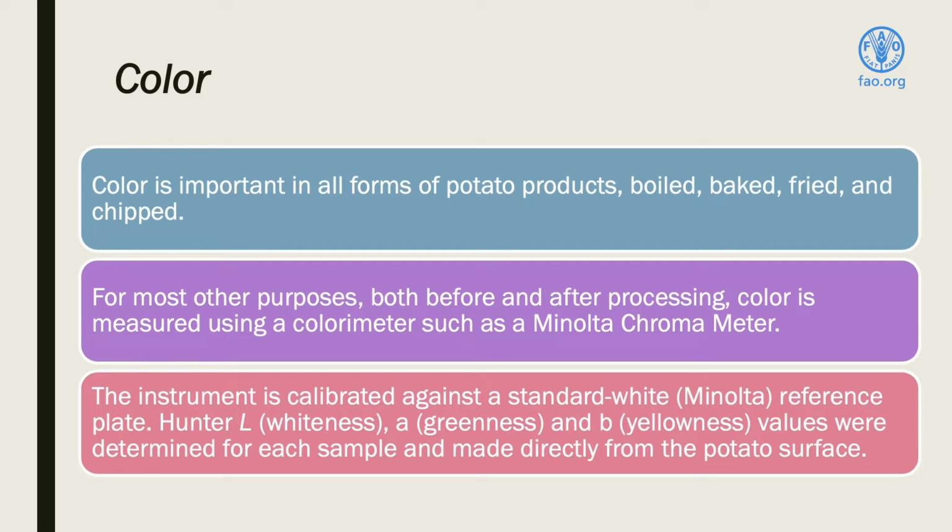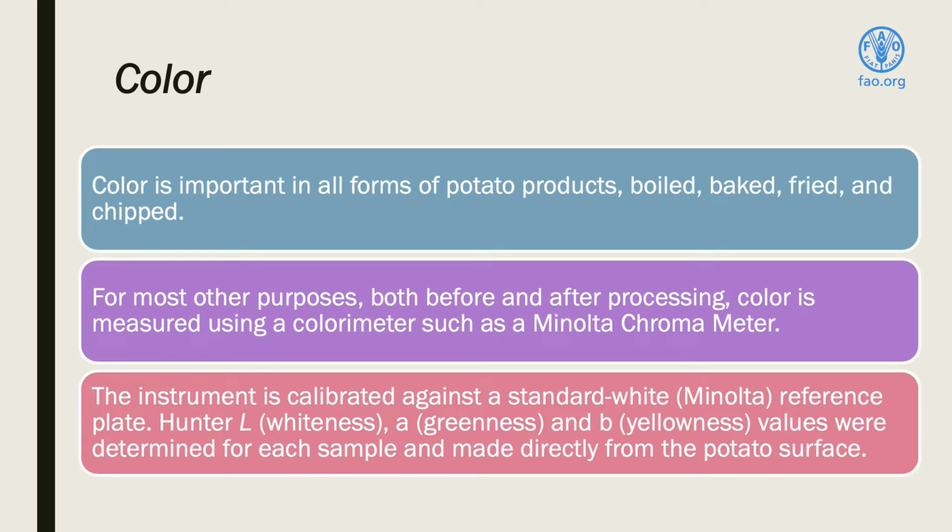Next parameter is color. Color is also very important in all forms of potato product: boiled, baked, fried, and chipped. For most purposes, both before and after processing, color is measured using a colorimeter, such as a Minolta chromameter.